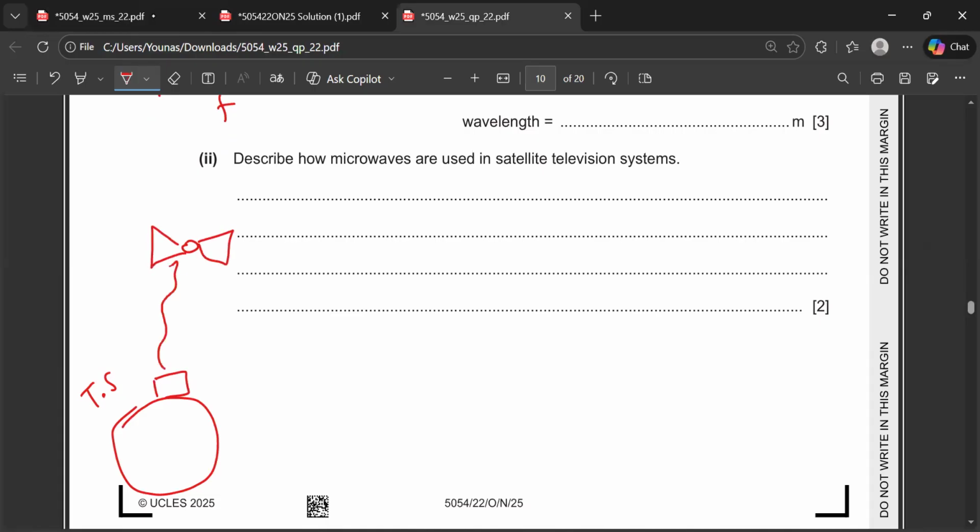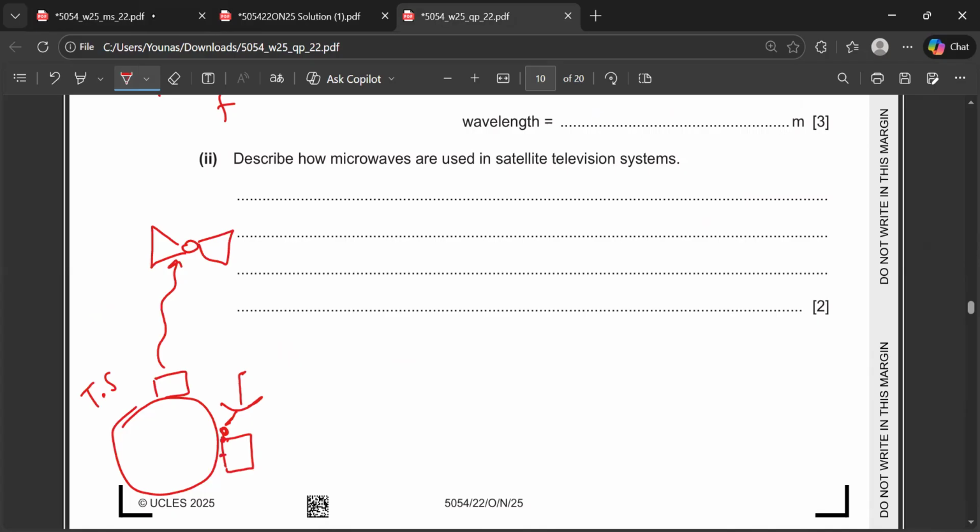So what happens is it sends the signal in the form of microwaves to that satellite in space, and that satellite receives that signal and amplifies it. On the earth somewhere you have a dish antenna, and this dish antenna is connected with a television.